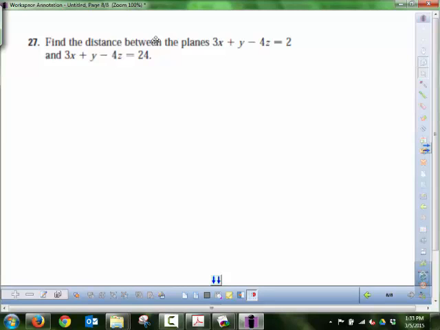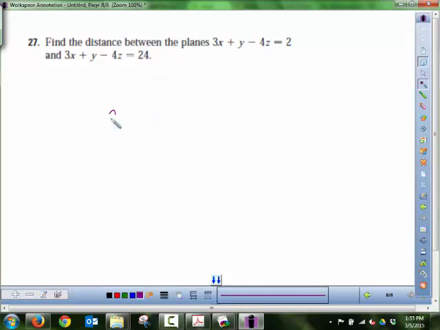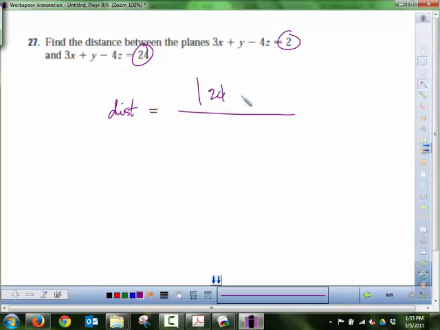So it looks like the distance between two planes is just given by the difference between the D's divided by the magnitude of the normal vector, which should be the same, right? If they're parallel, they should have the same normal vector. And then you're done.